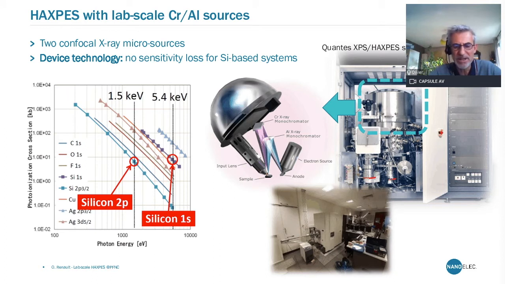When you irradiate a material with hard X-rays and you try to extract photoelectrons, as the photon energy is increasing, the process can be quite inefficient. And the key thing here with chromium is that you are not losing sensitivity because you have access to another line, or core line, of silicon.